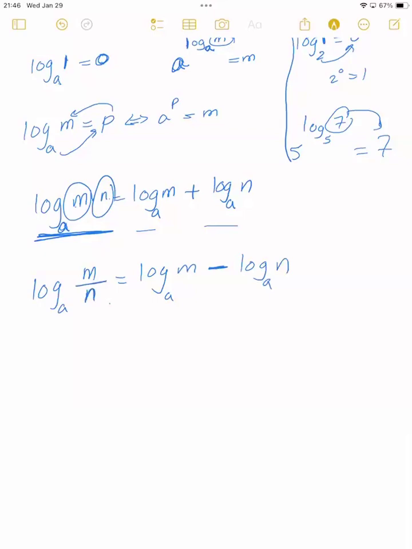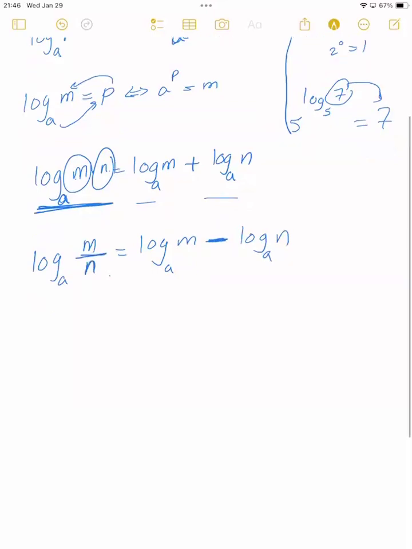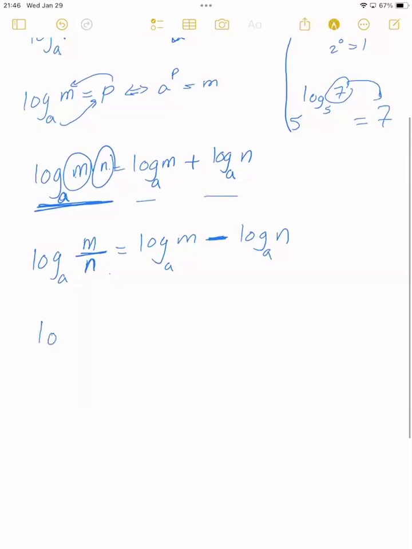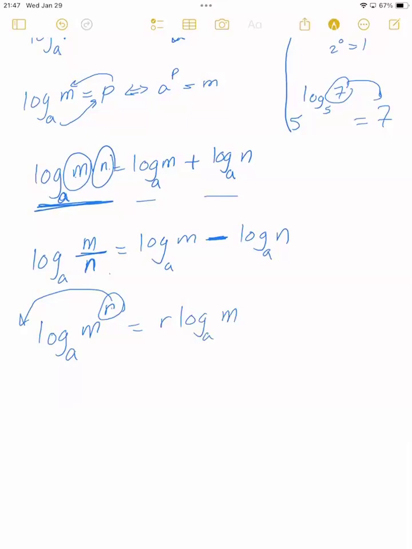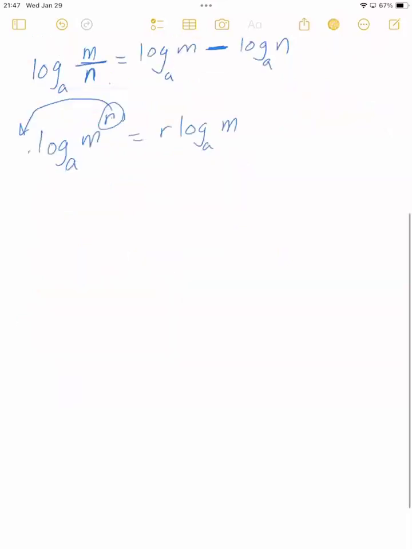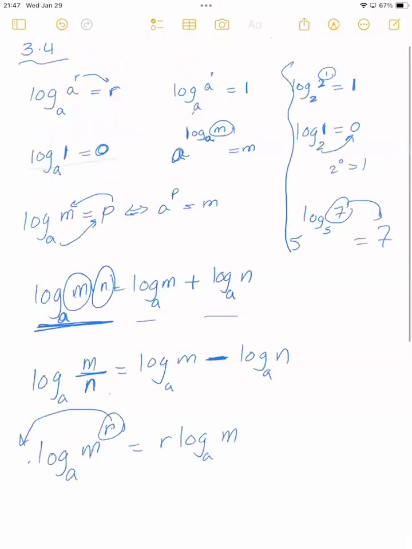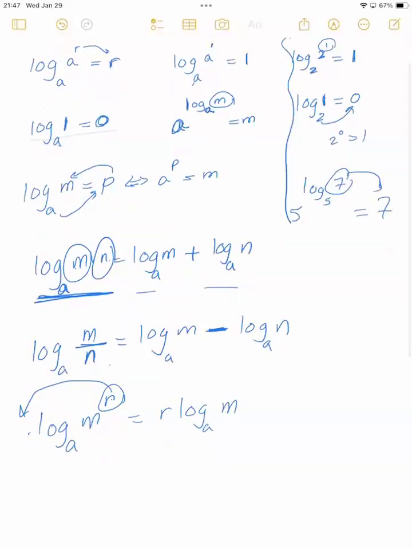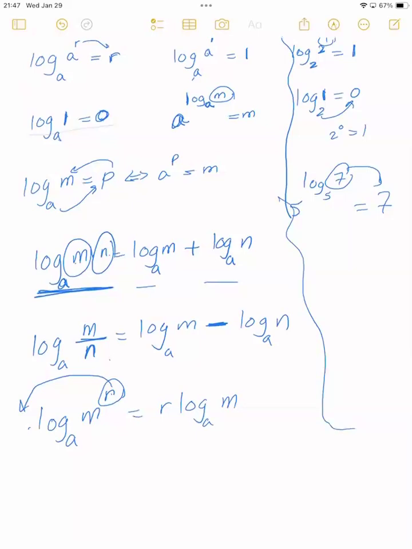So this division becomes a subtraction. Another property says if you have a log base a of m to some exponent r, this r could become the coefficient. So this r becomes the coefficient. So some of it is review, and this is what we did in section 3.4, these new properties.